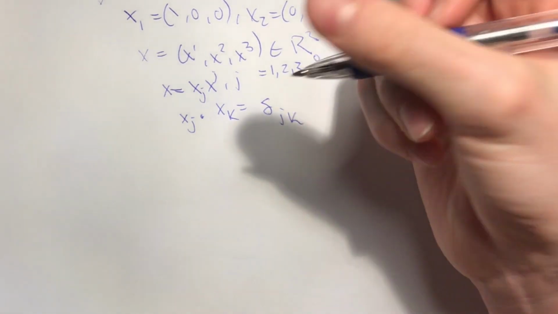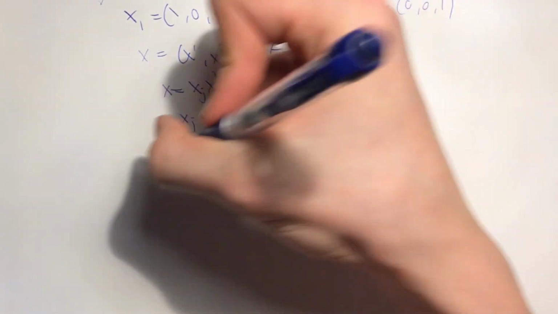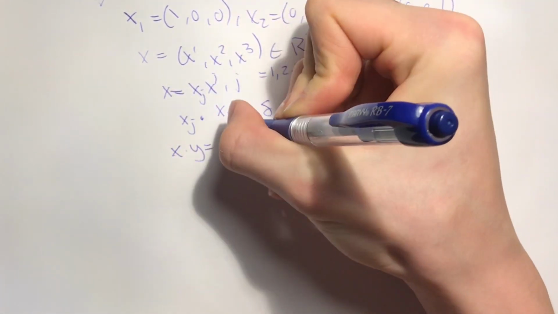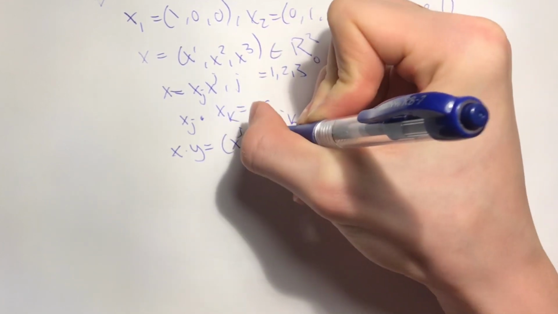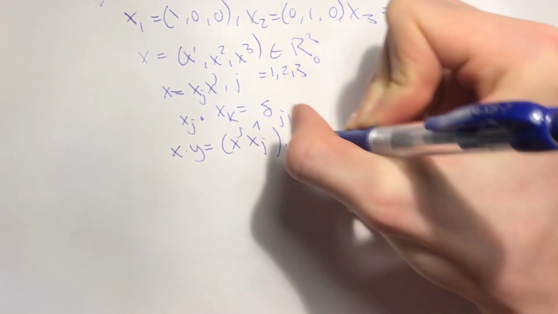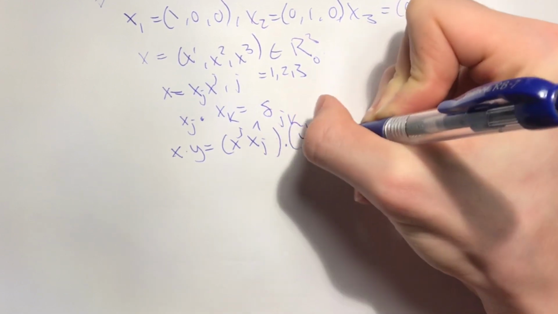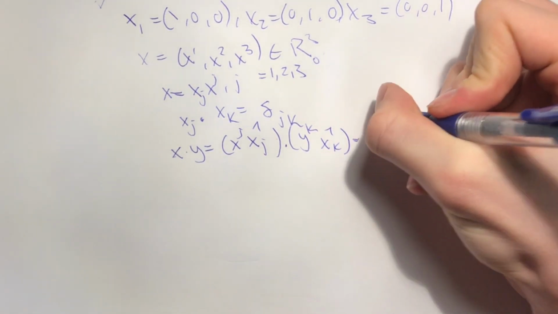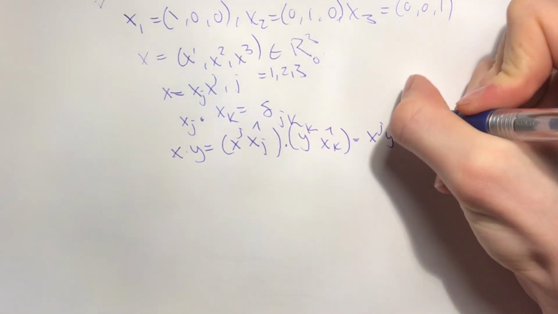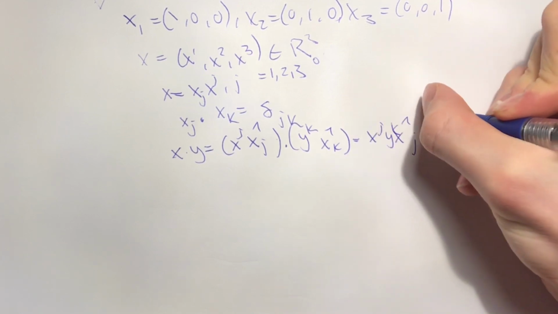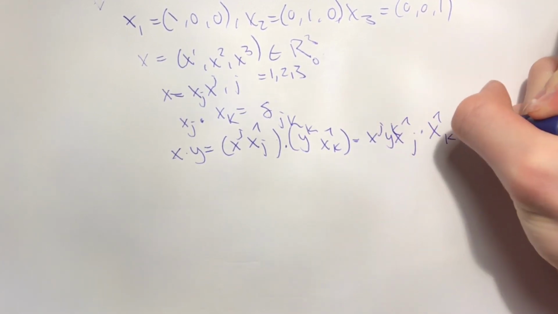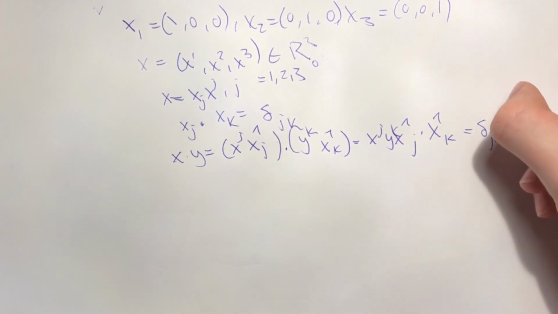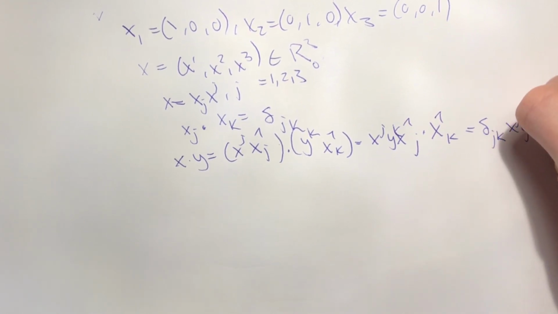And yeah, the linearity of the inner product implies that x dot y equals xj x̂j dotted with yk x̂k, which equals xj yk times x̂j dotted with x̂k, which equals the Kronecker delta times xj yk.